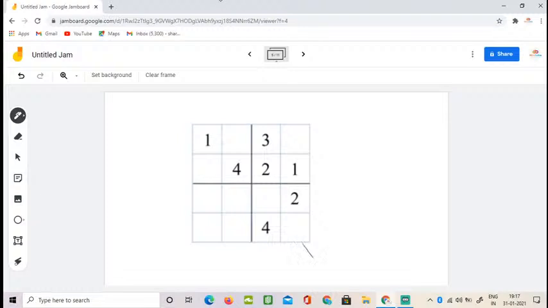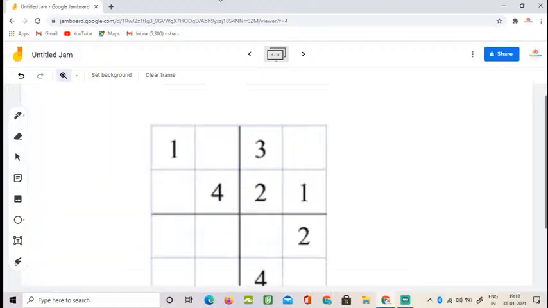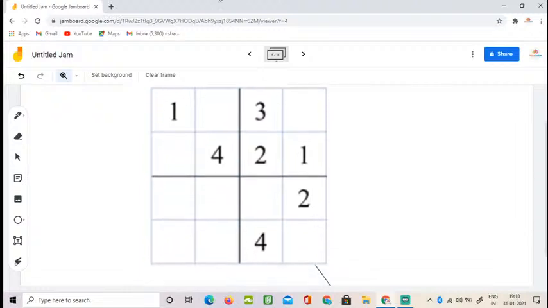If you want, let me just zoom it. Okay, here you have it.